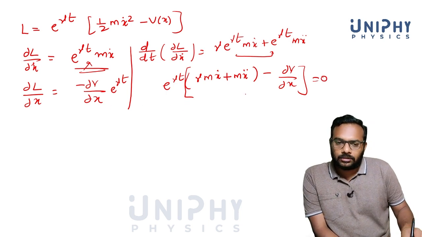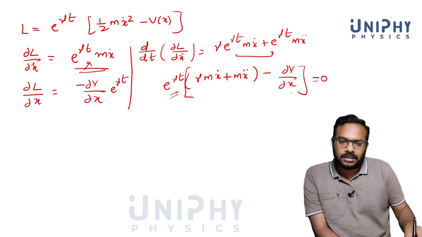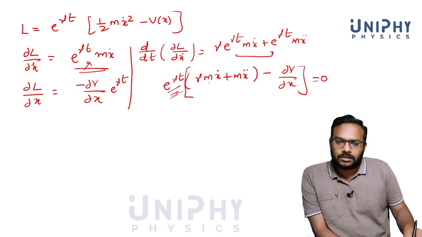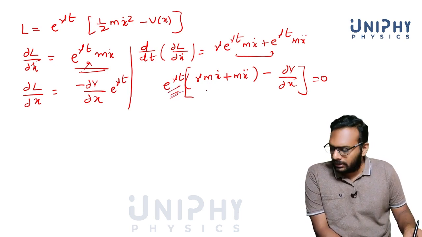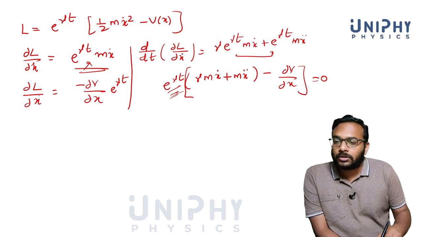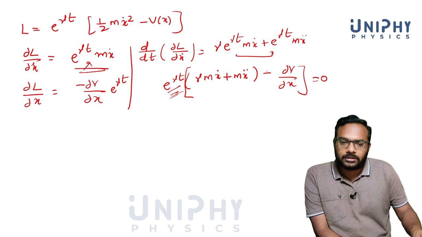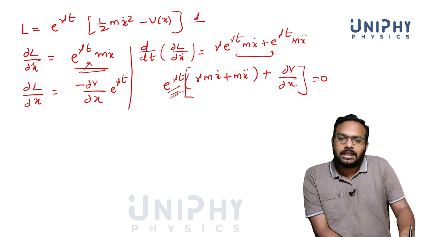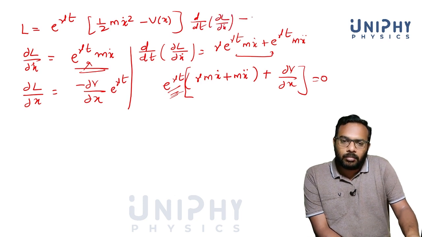Now there's something multiplied and it's equal to 0, so you can just leave that part. Dou L by dou x is minus dou V by dou x, so it means that you will have a plus here, because the equation of motion is d by dt of dou L by dou x dot minus dou L by dou x equal to 0.